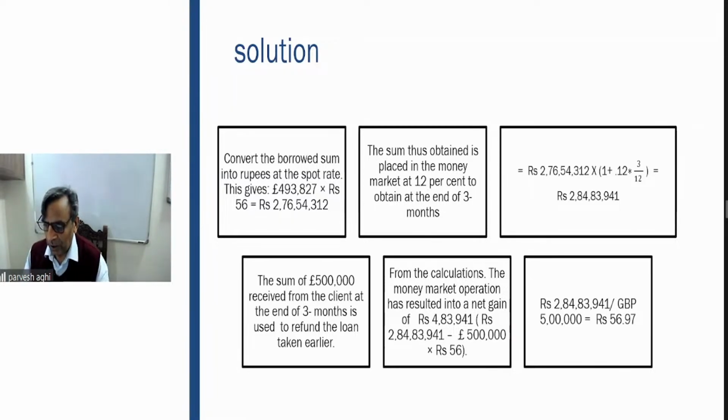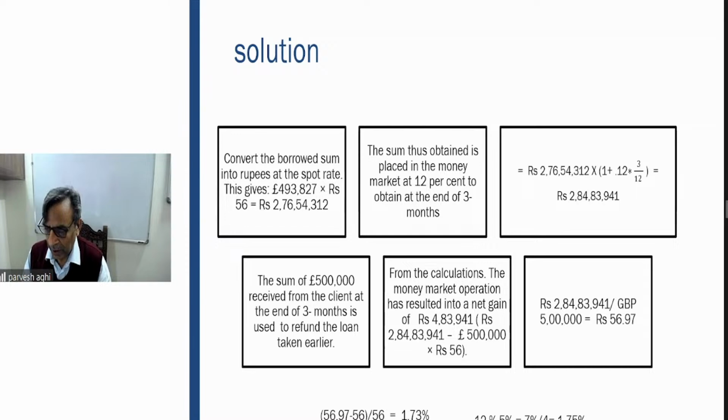So that means you are getting your money at 56.97 rupees, as against 56, because the pound has appreciated. Let's look at how much: it has appreciated by 1.73%. So 56.97 minus 56, divided by 56.